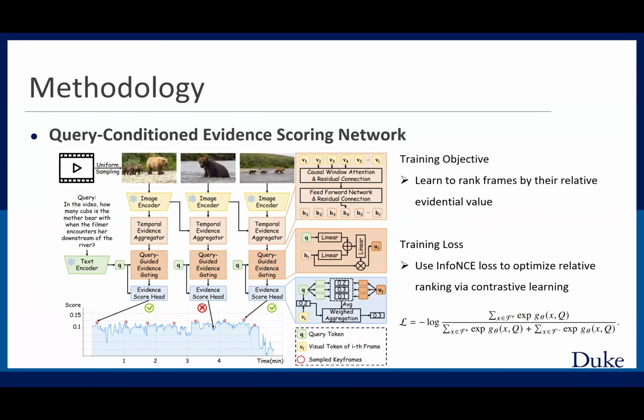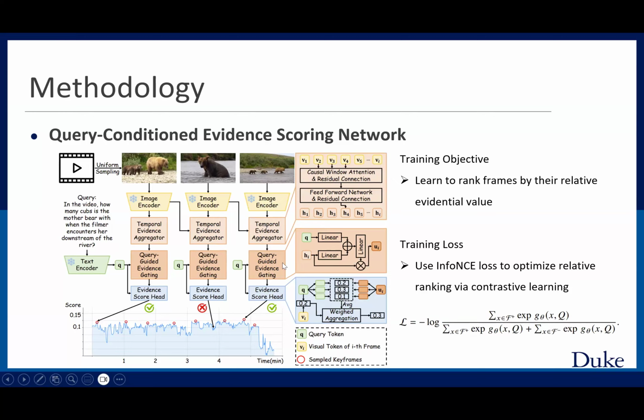While we are doing this, another critical question is how we can estimate the evidential values. Particularly here, we developed what we call a query-conditioned evidence score network, which is composed of 4 key parts. The first part is a shared vision-language encoder that matches the frames and queries in a common representation space. The second part is a temporal module, used to capture the motion context.